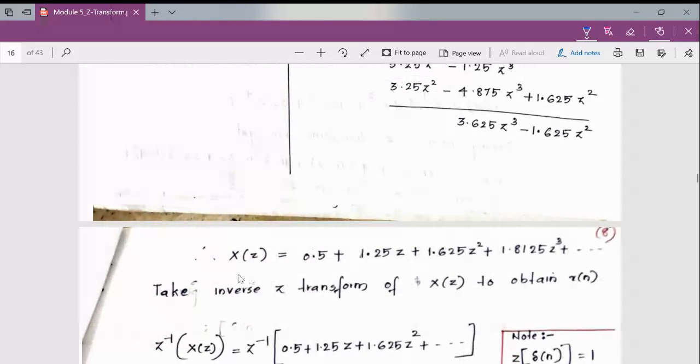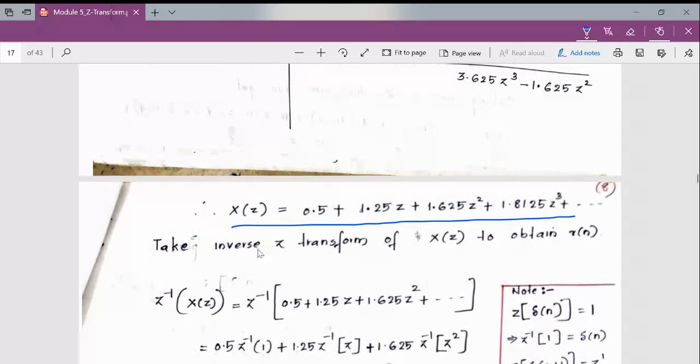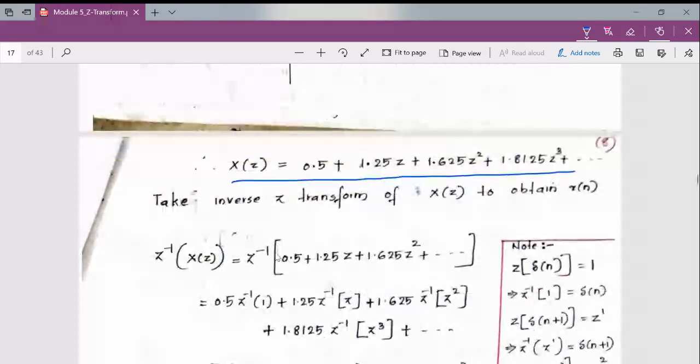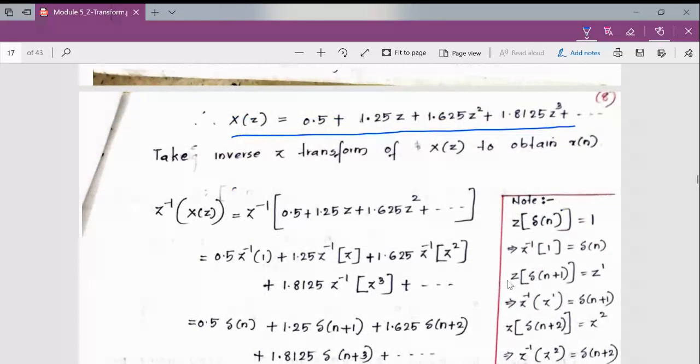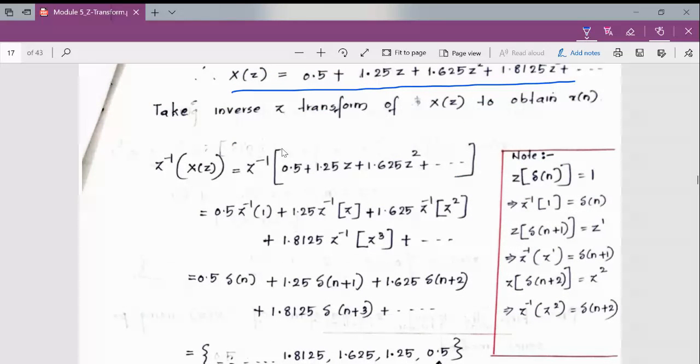And again we write X of z. Last time, when we took the inverse, it was in the form of z raised to minus m. Here it is in the form of z raised to plus m, that is z raised to minus of minus m. So the delta function will be delta of n plus m.